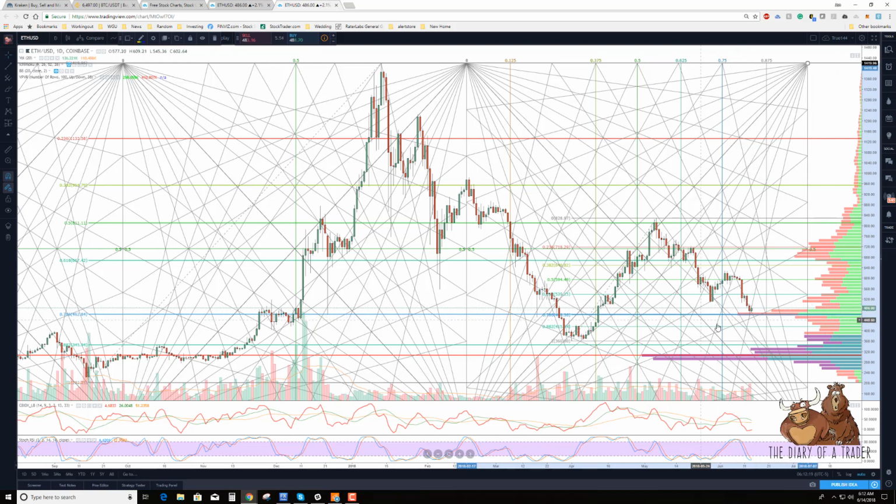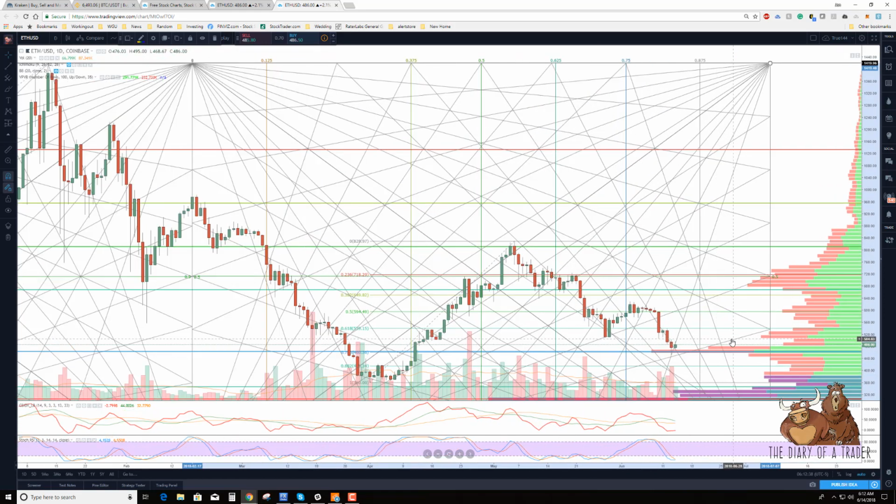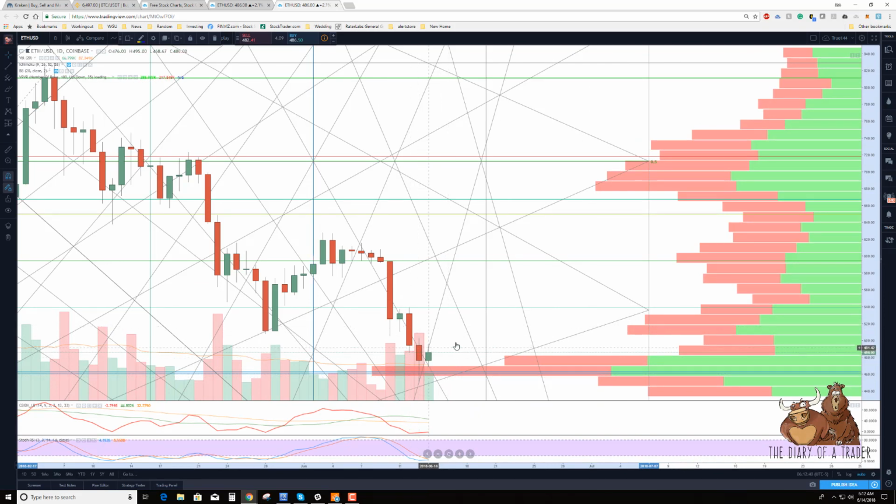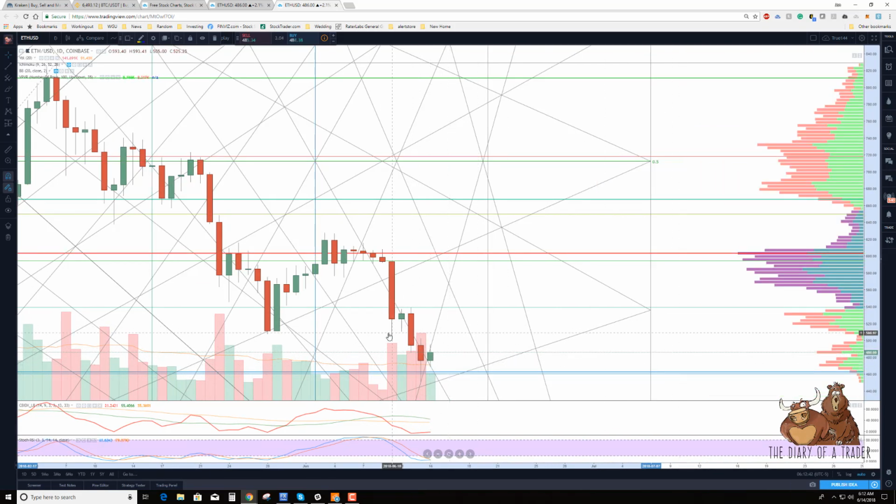We're trading in a significant amount of volume in the volume profile, right? This is actually the second largest volume node zone after what has been traded down here, which accounts for the very beginning of Ethereum's major accumulation phase. And so that's where we're sitting right now at that 480.